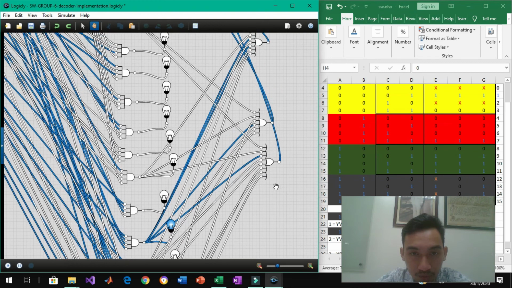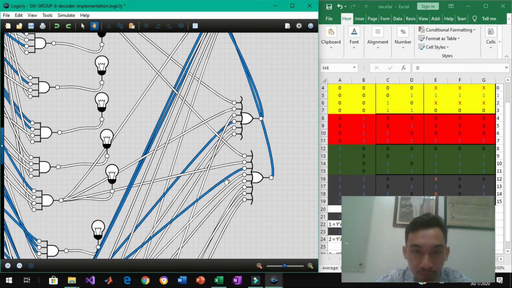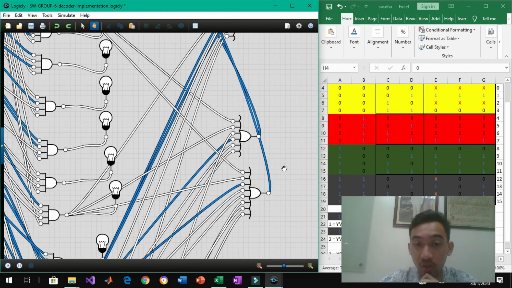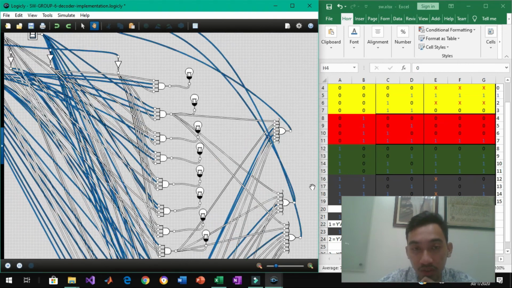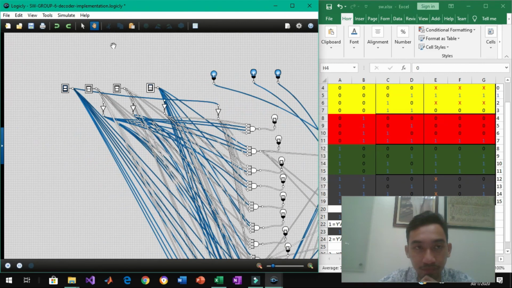So if 1 is 1 in an OR gate, it will be 1 regardless of the number of 0s. So it will output 1.